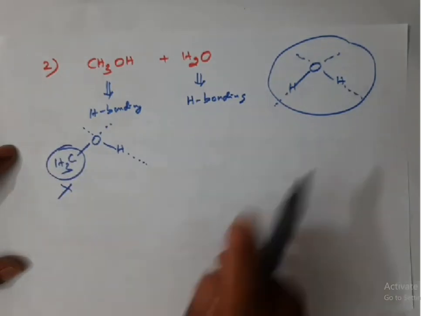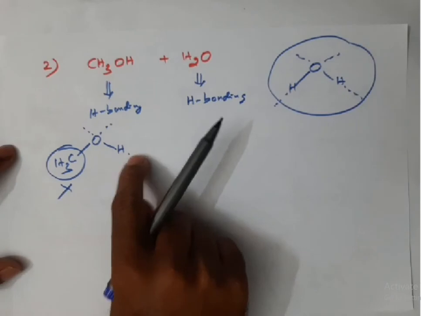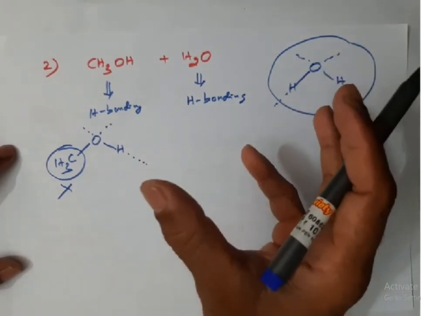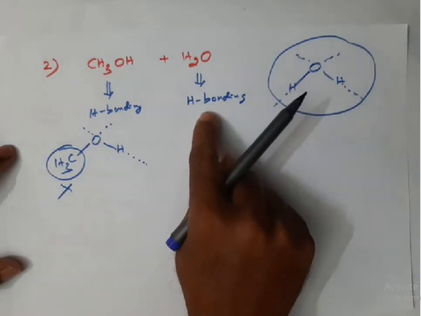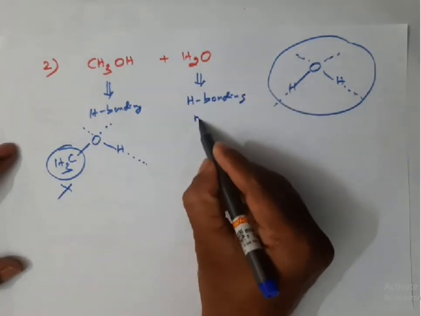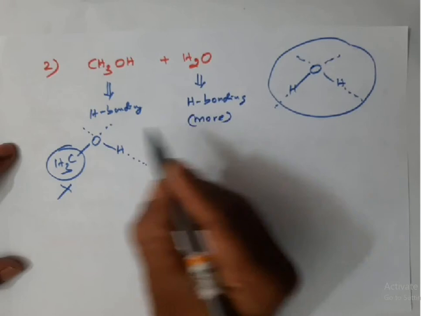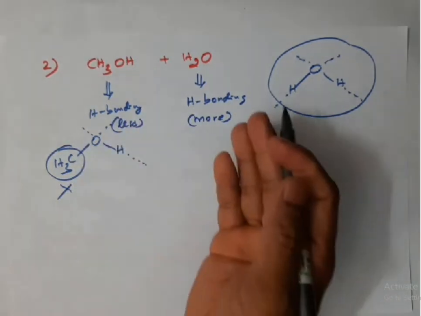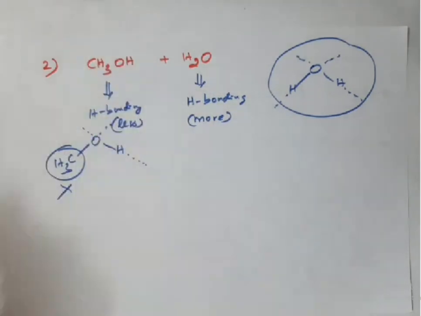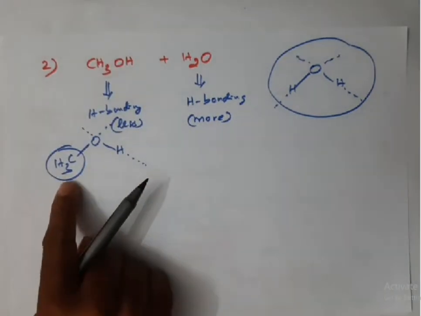Therefore, if you compare the total hydrogen bonding attraction, in water it is strong, it is more. In methanol it is less compared to water, because I have a methyl group here.